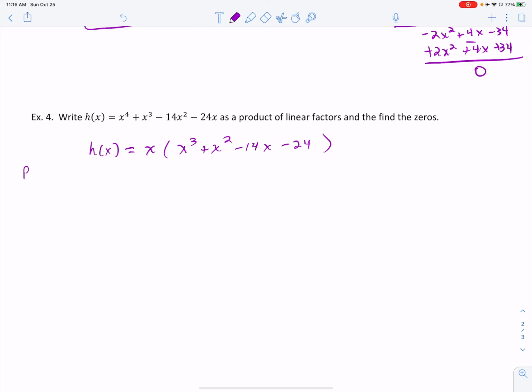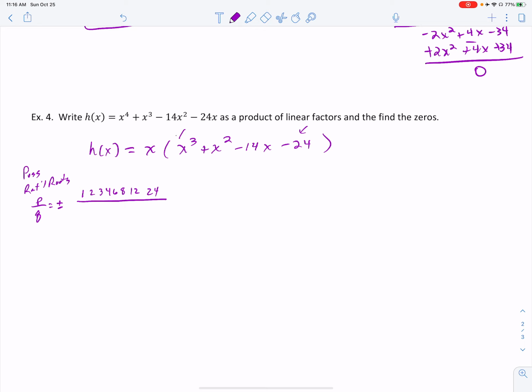And so my possible rational roots, I've got p over q, plus or minus factors of 24. 1 times 24, 2 times 12, 3 times 8, and 4 times 6. That's how I kind of write them.